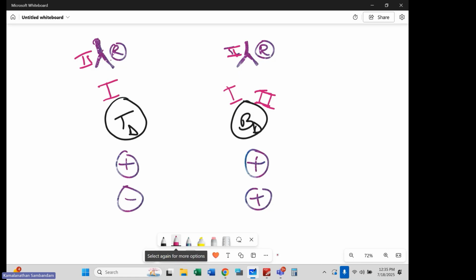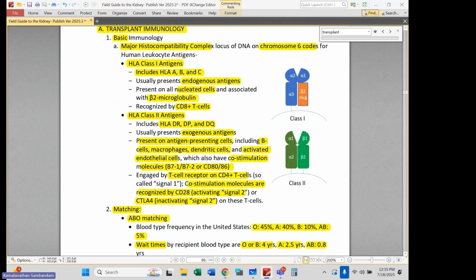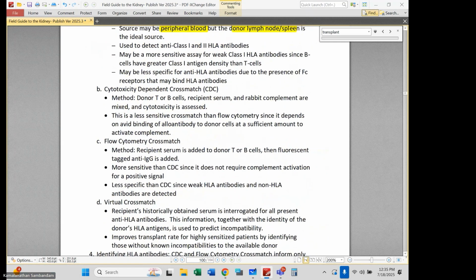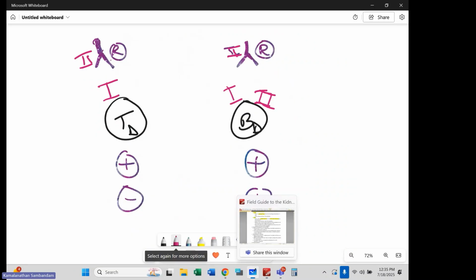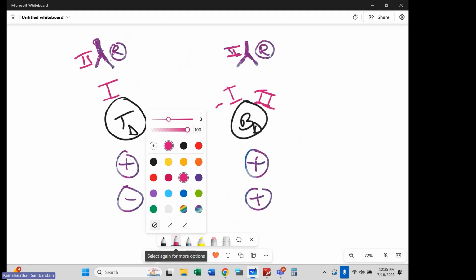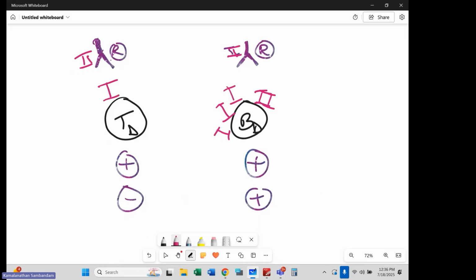There is one more twist here. It turns out that B cells express more class 1 molecules than T cells. So it's still theoretically possible that one other explanation for a positive crossmatch for B cells and a negative crossmatch for T cells is a weak antibody to class 1 molecules.